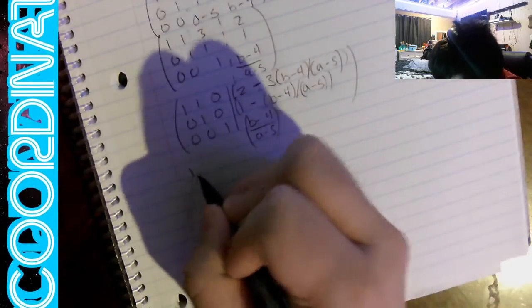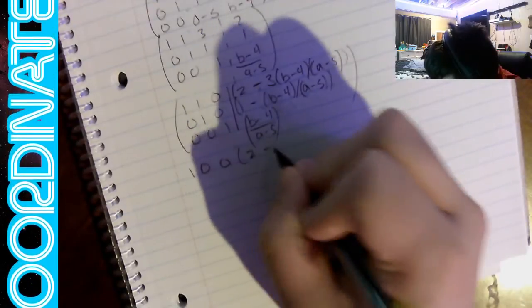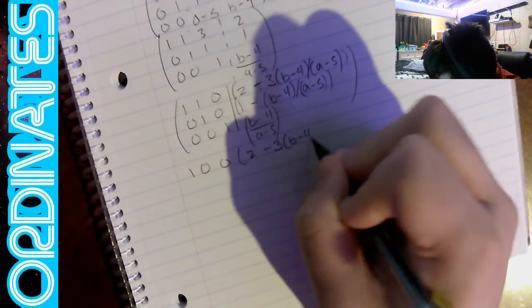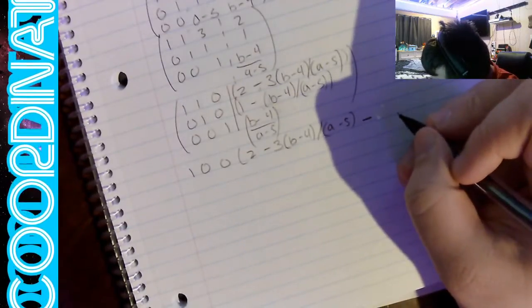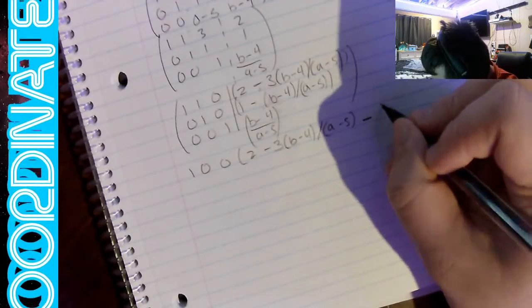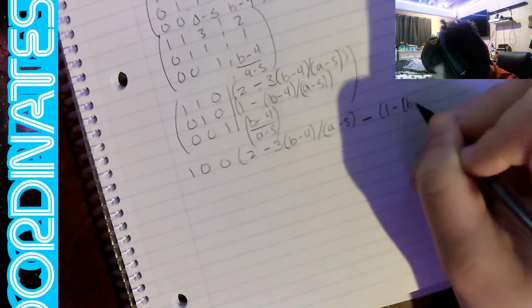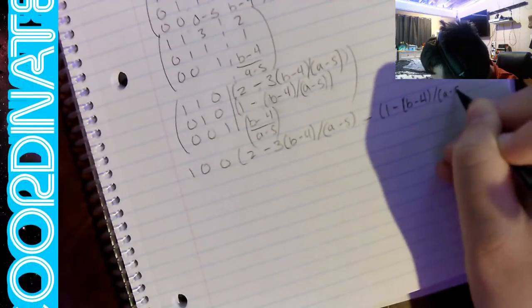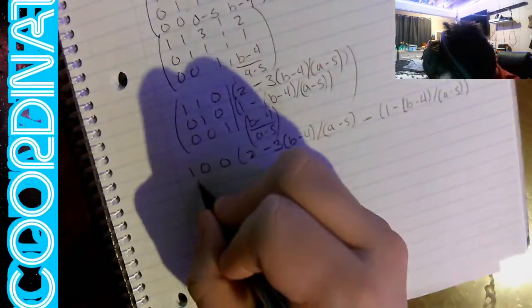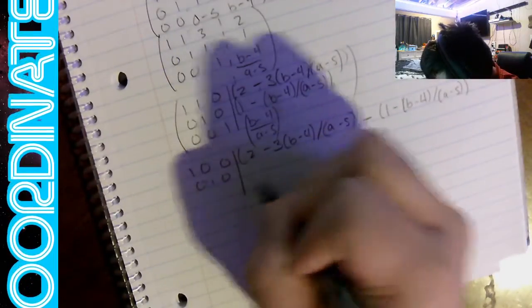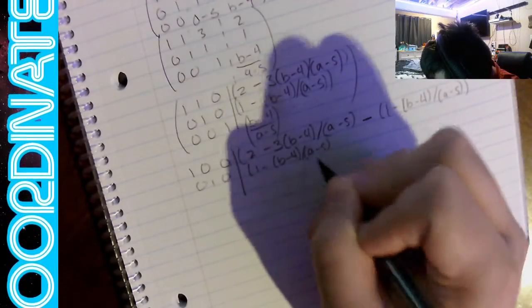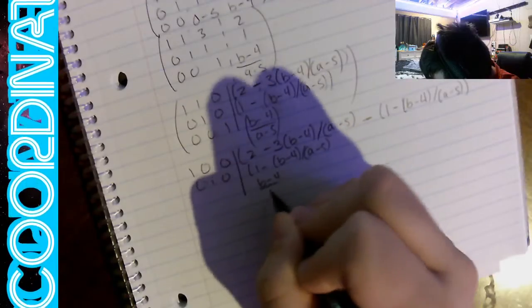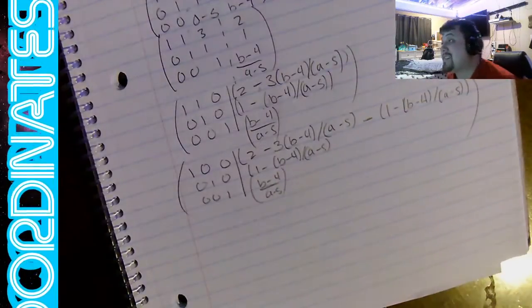So what we're going to end up with is 0, 0, 0, 2 minus 3, b minus 4, a minus 5, minus 1 minus b minus 4, 0, 1, 0. Would you look at that? That looks atrocious.